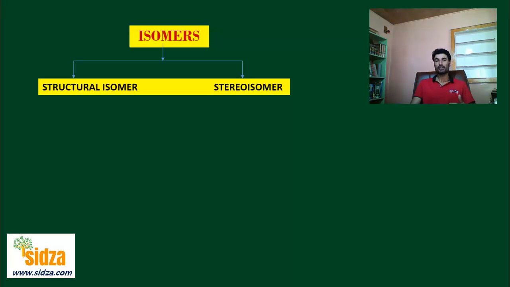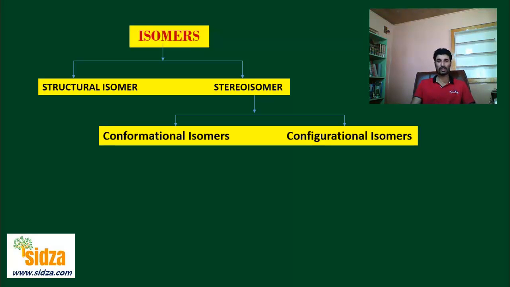So in short, stereoisomers are those compounds having the same sequence of atoms in a molecule, but the relative position of atoms will be different. Stereoisomers are of further two types: conformational isomers and configurational isomers. Conformational isomers are the isomers which get interconverted at room temperature.